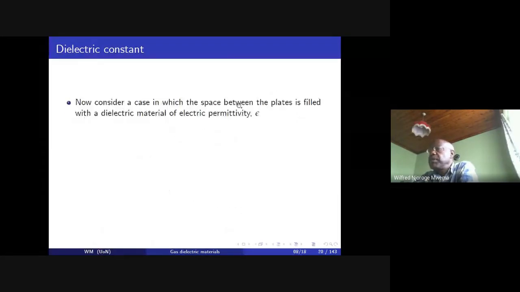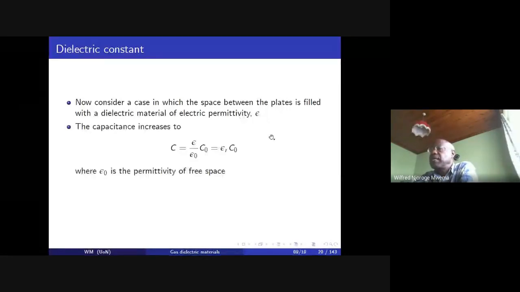If we consider a case in which the space between the plates is filled with a dielectric material of electric permittivity epsilon, the capacitance will increase to a value given by the ratio of the electric permittivity of the material to that of free space, multiplied by C naught.